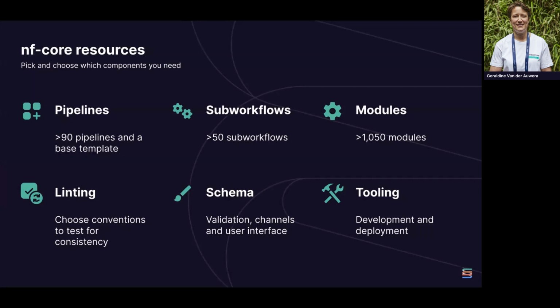That's all essentially pipeline code. So there's full pipelines that are end-to-end, but there's also sub-workflows because the NF-Core pipelines are structured in such a way that they're as modular as possible. So there's sub-workflows that you can reuse in various pipelines. Again, with the idea of reducing duplication of effort, reducing maintenance burden, things like that.